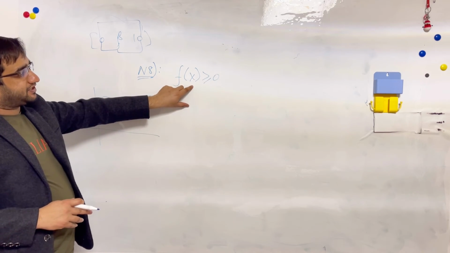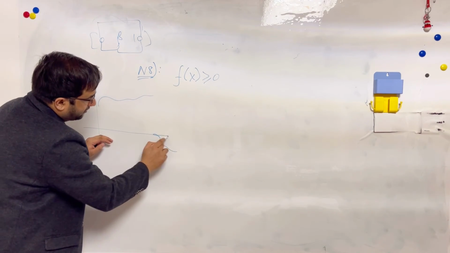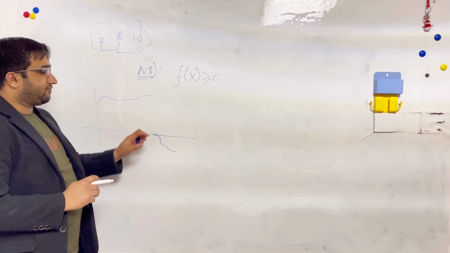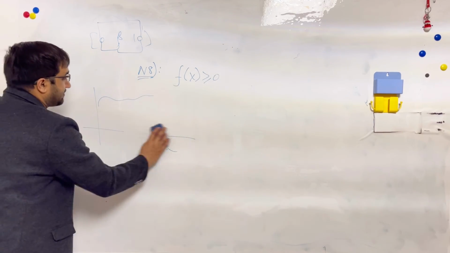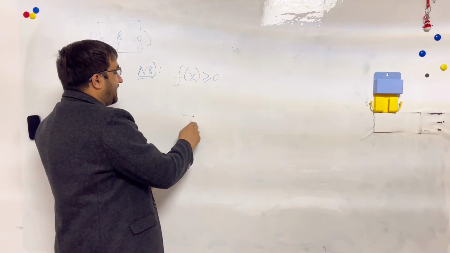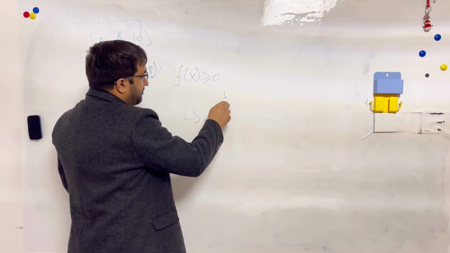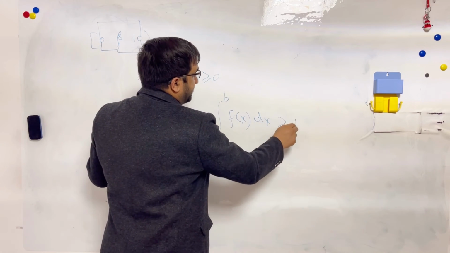If for the function you get a negative number, then of course that curve will go somewhere below this line. So if you have the curve above the x-axis always, that is f of x is always greater than 0, then the answer to the integral from a to b of f of x dx will also be greater than 0.